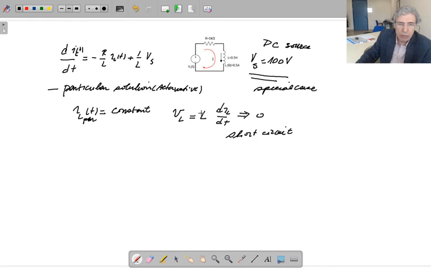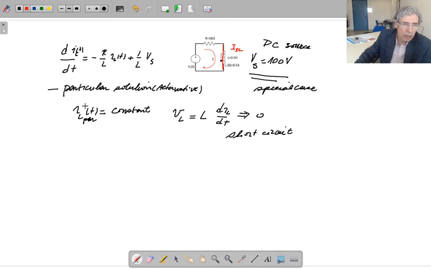When it is a short circuit, it is connected like that, the voltage is 0, and the current passing through is the inductor current. That is the short circuit current, ISC.